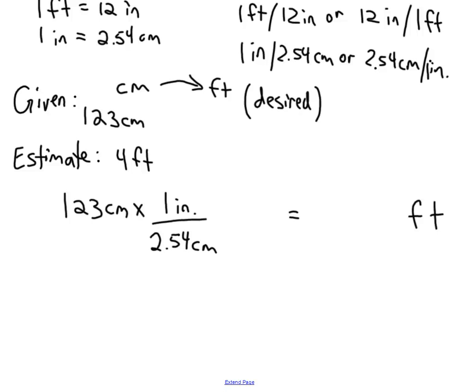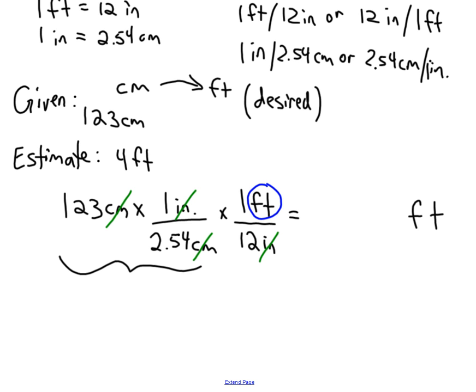Now, to go from inches to feet, we have to realize that there are 12 inches in a foot, so whatever amount we get from this calculation, we would have to divide by 12. So when we're using multiplication, it's going to appear as 1 foot for every 12 inches, which is going to give the same mathematical result. Okay, so canceling out our units, centimeters cancels with centimeters, inches cancels with inches, and lo and behold, we're left with our desired unit, which is feet. Okay, we know that.